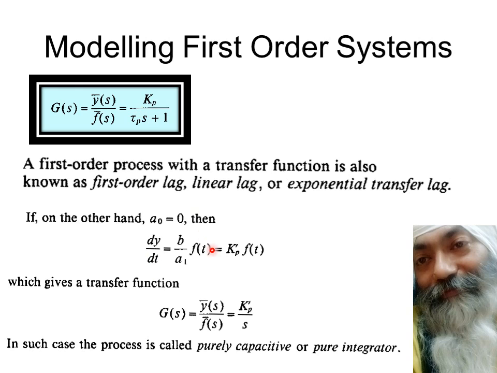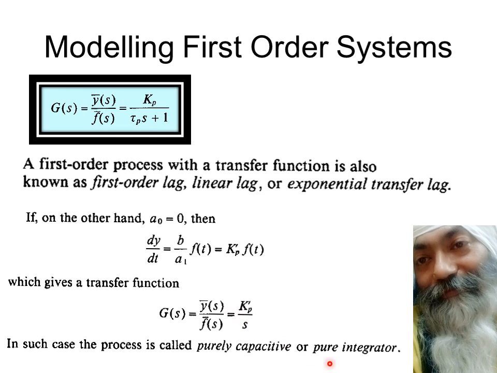This one is called pure capacitive, and if you take its Laplace inverse, 1 upon s means integrator. I think you all know that in case you have a differential equation with dy by dt, you take its Laplace, it gets multiplied by s, and in case you have the integral of anything, you get 1 upon s, and this term is 1 upon s.